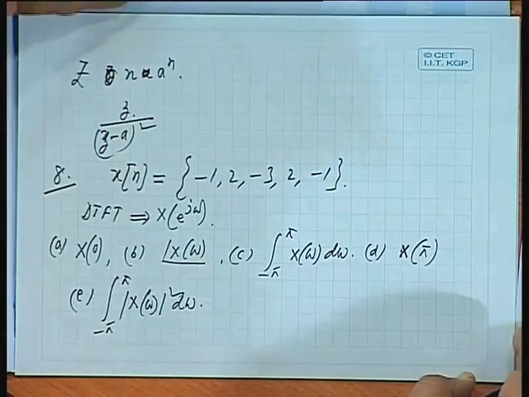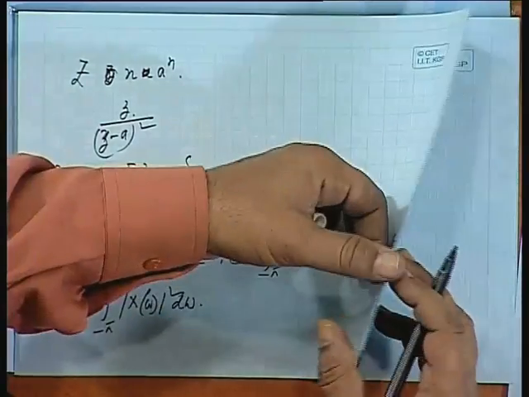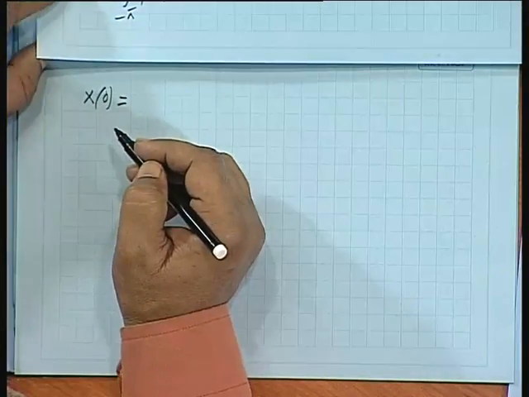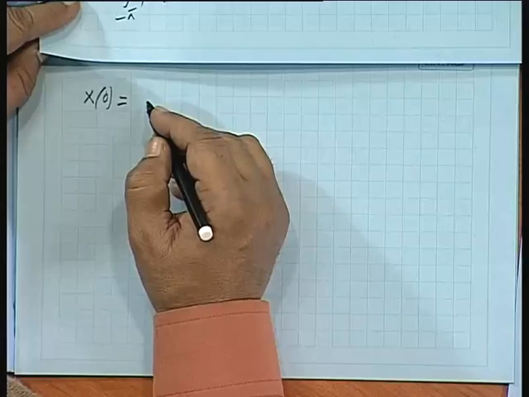Okay. So, we will take up one by one, at least some of them, rest of them I can leave it to you. X at 0, how much is it?